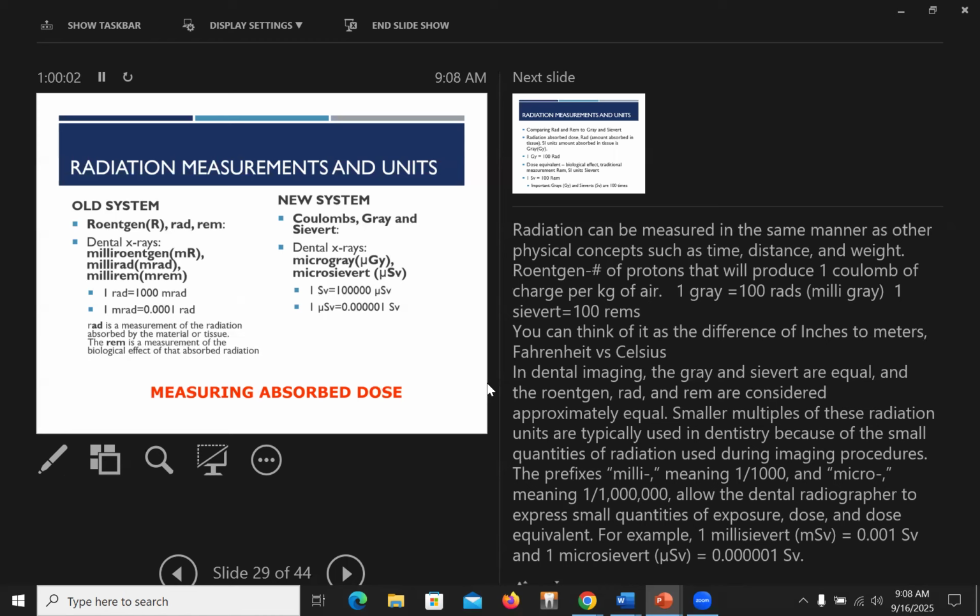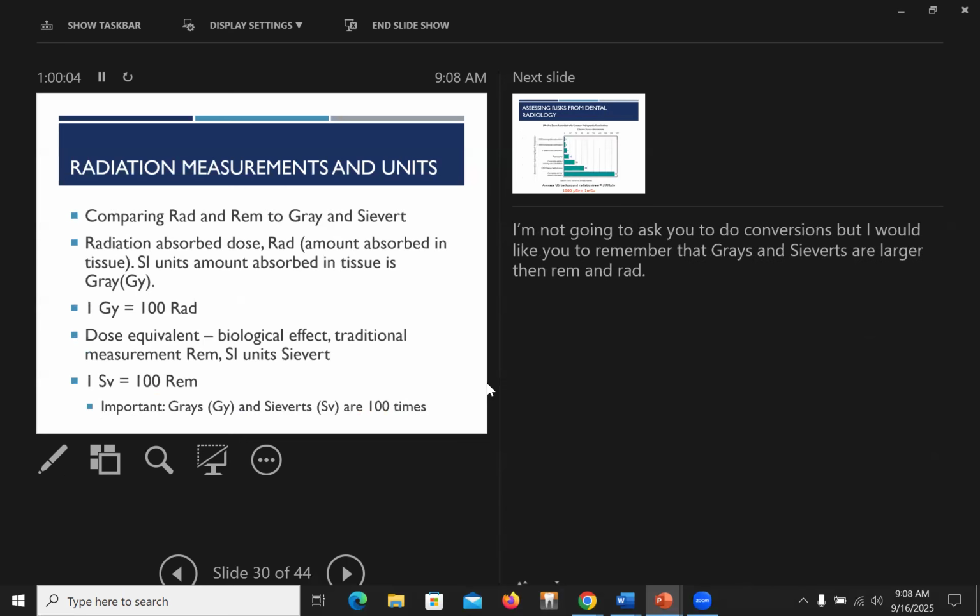And in general, comparing rad and REM to Gray and Sievert, see, I wrote it all out. That's why I like this slide better. Radiation absorbed dose is the rad. That's the literal amount that gets absorbed into your tissue.